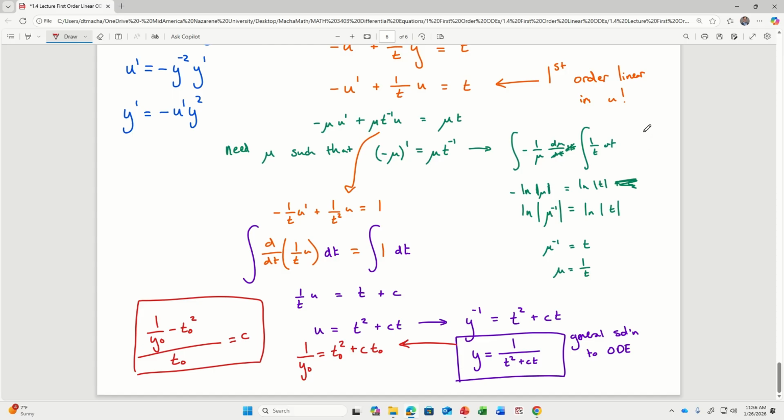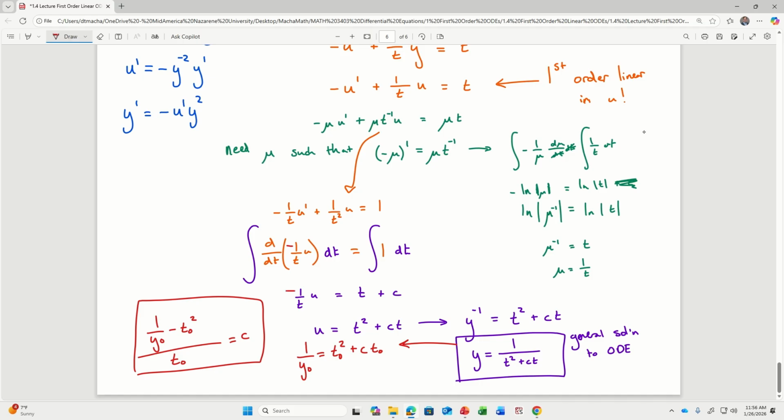Do you see any mistake? Oh, I see a mistake. That should be a negative, right? Because it should be negative 1 over t times u. So negative 1 over t. Let me see if that negative does the trick. It should be a negative here.